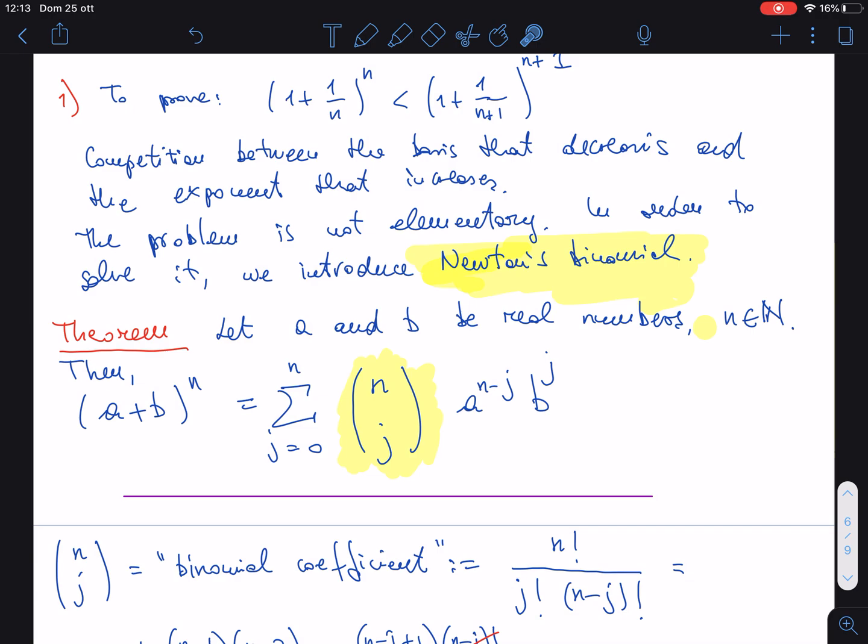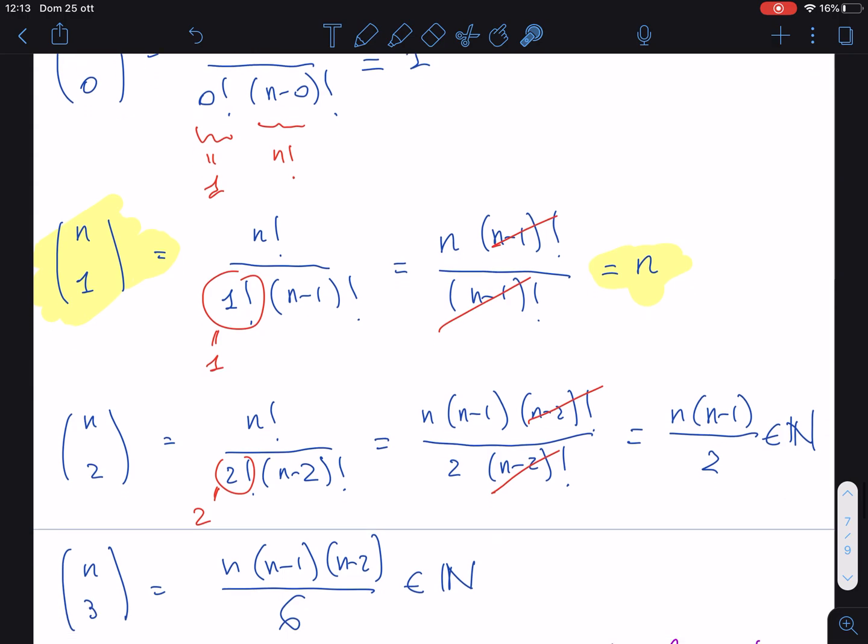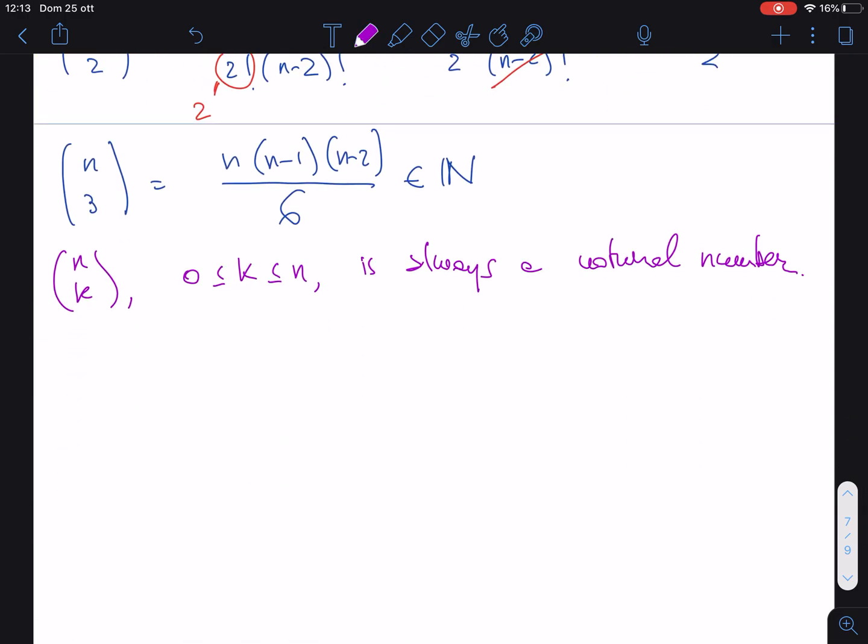Before proving this theorem, I want to be sure that this is true for small n, okay? So, simple examples of the validity of the Newton's binomial formula.